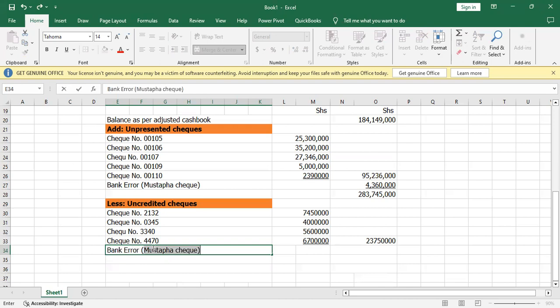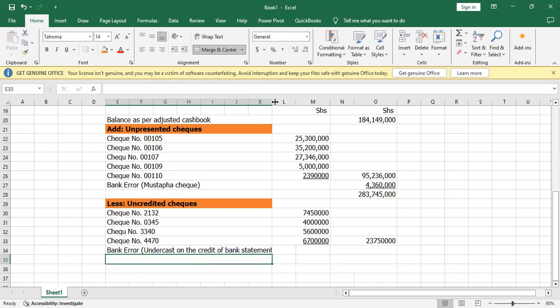Bank error. You can say undercast on the credit of the bank statement.